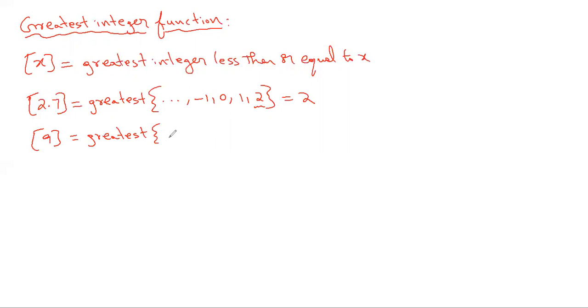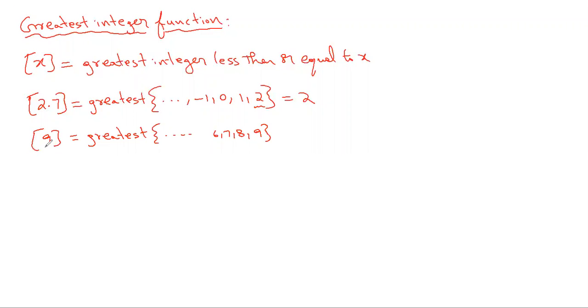Greatest among all the integers less than or equal to it. So 6, 7, 8, 9 also will come, because the number itself is an integer, and this is the greatest integer less than or equal to it. Here for 2.7, 2 is the greatest integer less than or equal to it. 2.7 cannot be included because that's not an integer. 3 cannot be included because it is not less than it.